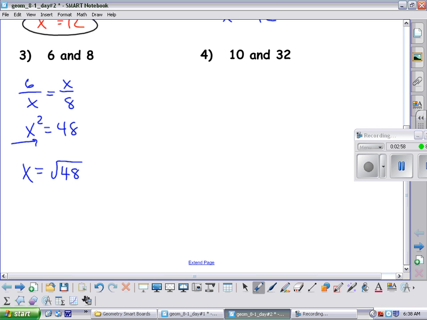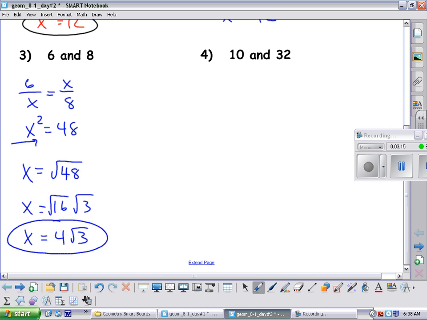Simplest radical form. Okay, let's see. I know that that's about 7 as a decimal, which would make sense. Let's see. 16 goes into 48. So 4 times the square root of 3 would go into both of those spots for x.